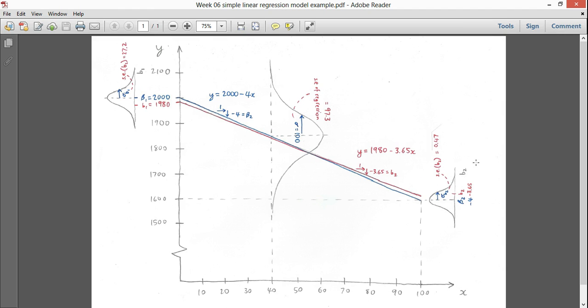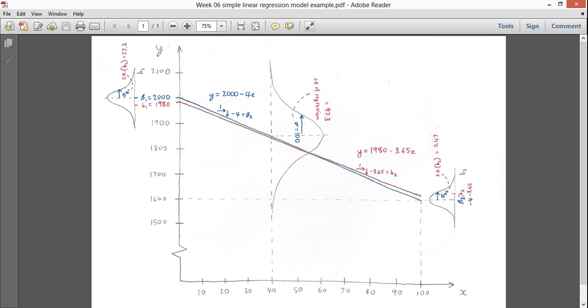So for this sampling distribution of B2, the estimator of the population parameter B2, it has an expected value that's equal to the population parameter of -4, but because of sampling variation, we'll sometimes have estimates that are above the population parameter and sometimes below.